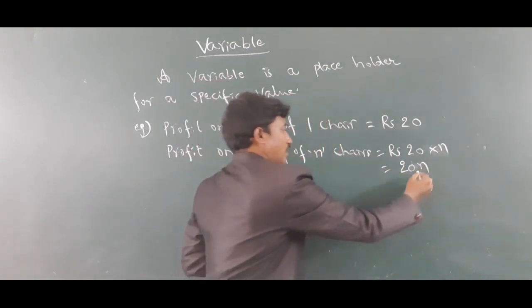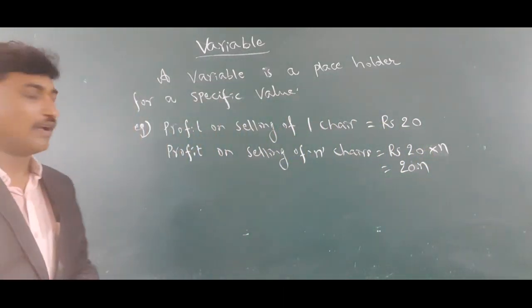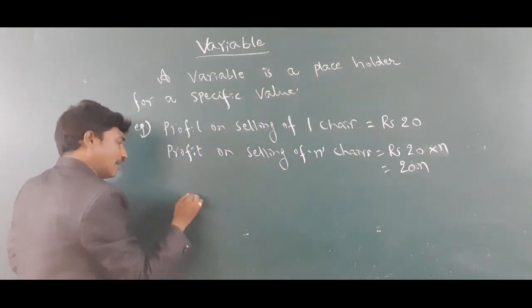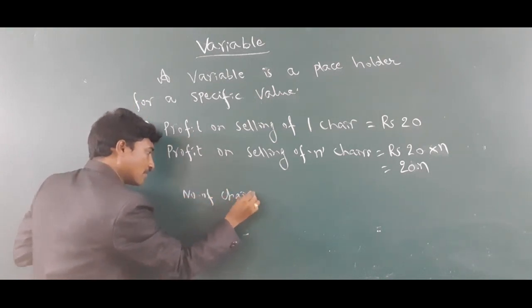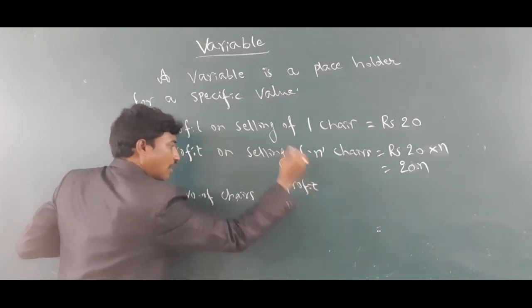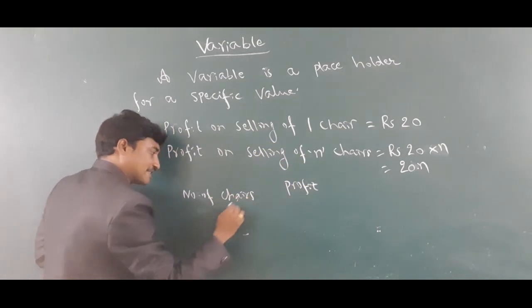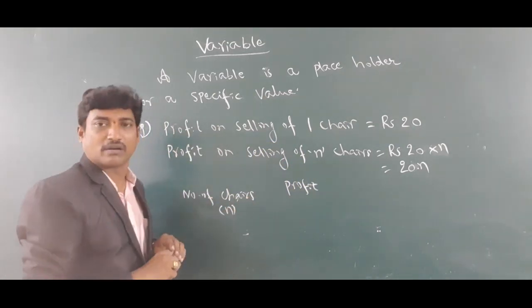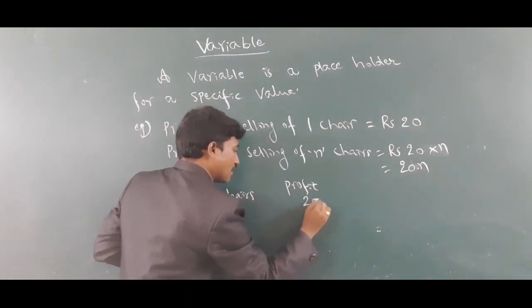It is profit on selling n chairs. Let us observe number of chairs and profit on selling of the chairs. If number of chairs is n, then profit on selling those n chairs is 20n rupees.